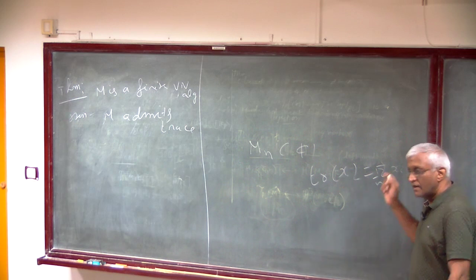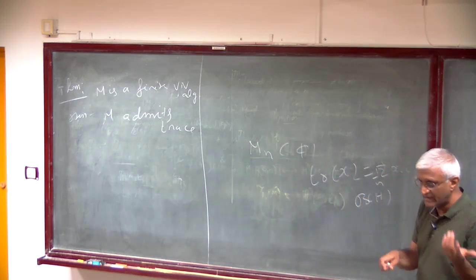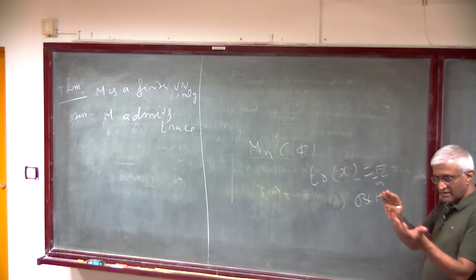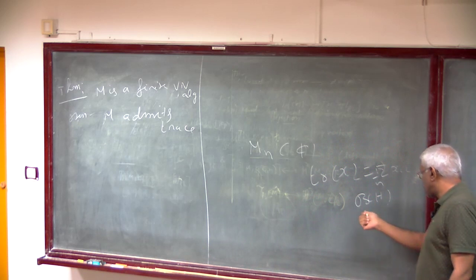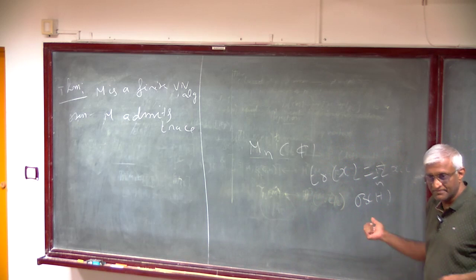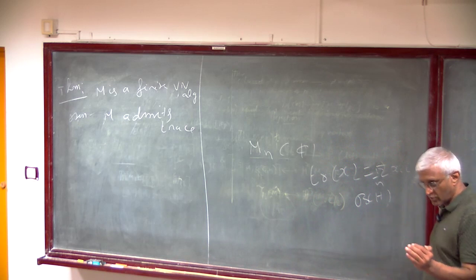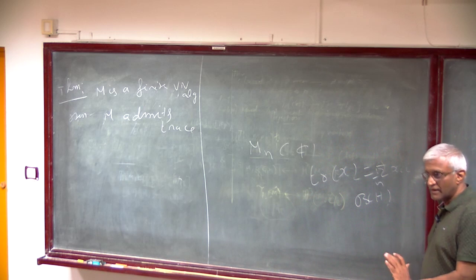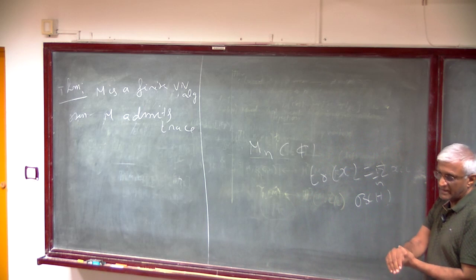In B(H) also you can do this, but in B(H), the trace of the identity will be infinity. But you can restrict to what are called trace class operators, which you must know by now. For trace class operators, you will have the trace. But trace class operators are dense in B(H) in the strong topology, not in the norm topology. In the norm topology, they will be dense in the compact operators.